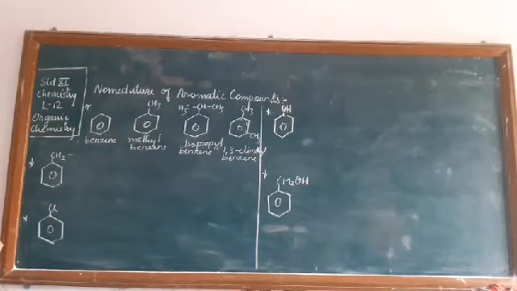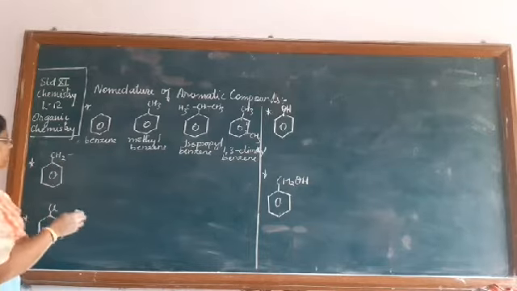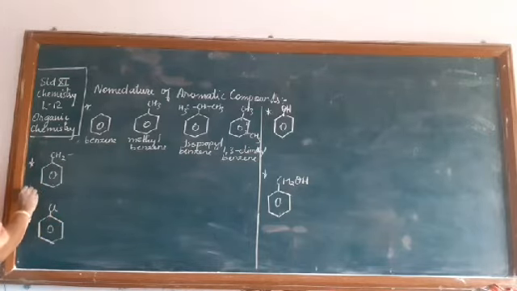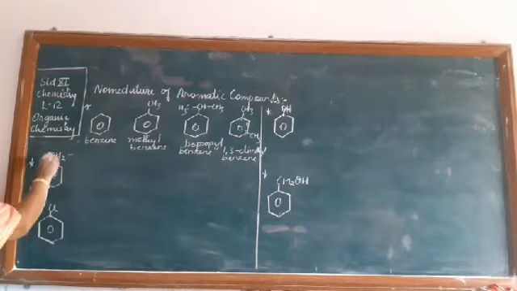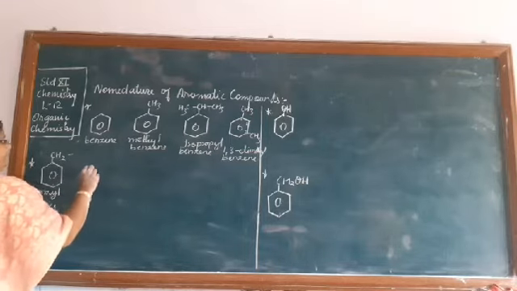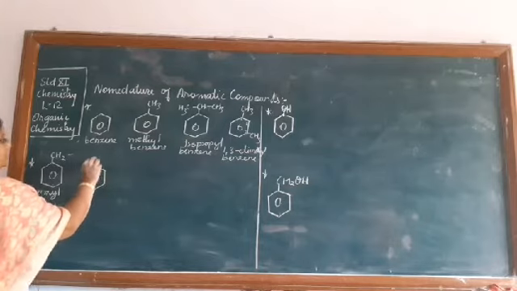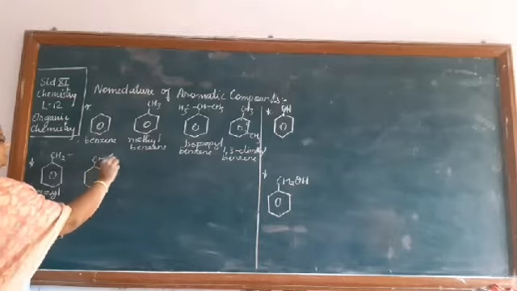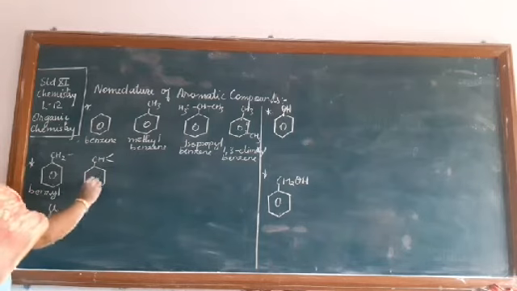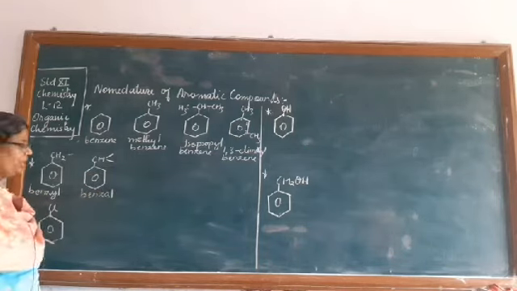Now, whenever a benzene ring is attached with a CH2 and then that CH2 is attached with some other chain, then this whole group of benzene ring and CH2 will be called a benzyl group. Okay. So if instead of CH2 I have CH and a bond this way, then this will be called a benzal group.